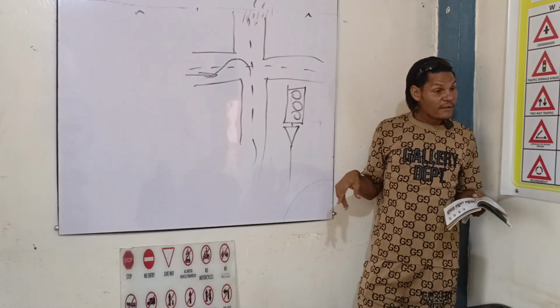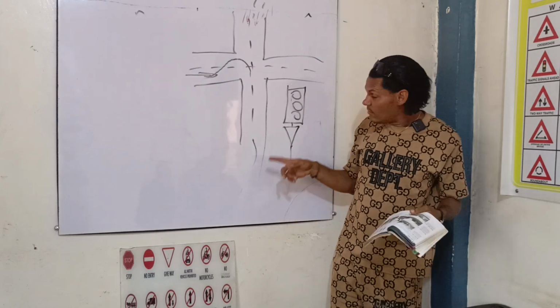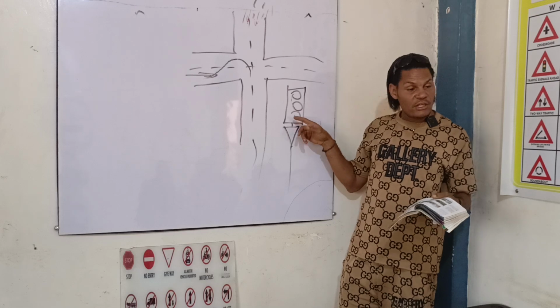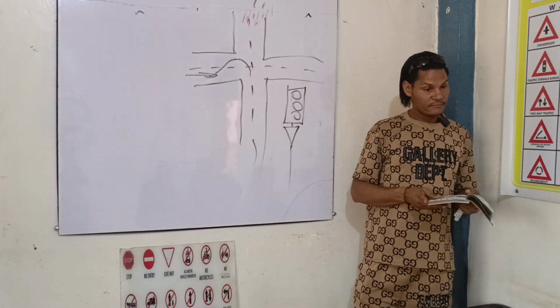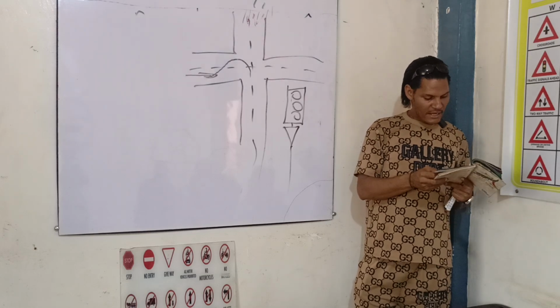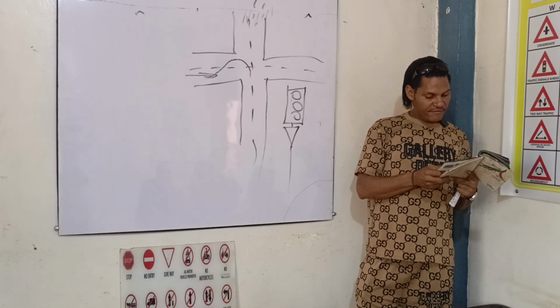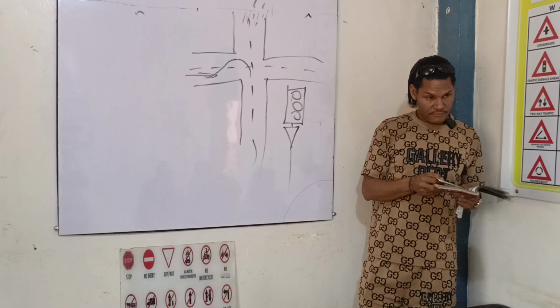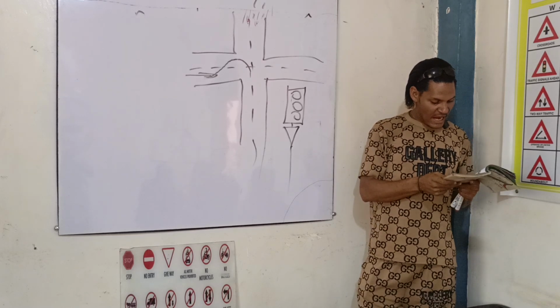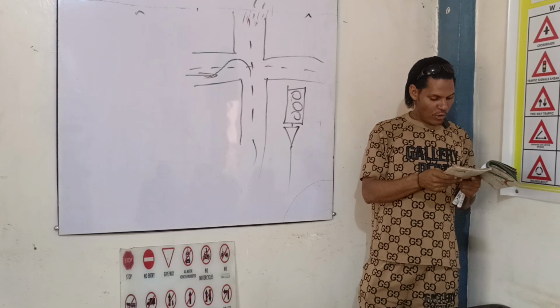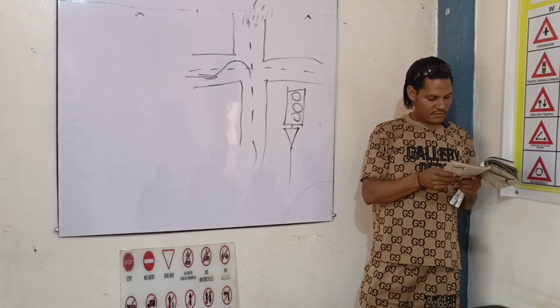Even if the sign is telling you to give way, if the light is showing you green, go, you obey the light and forget about the sign. Then, if the traffic lights are not working, you start following the sign. Traffic light off equals follow the sign instructions.